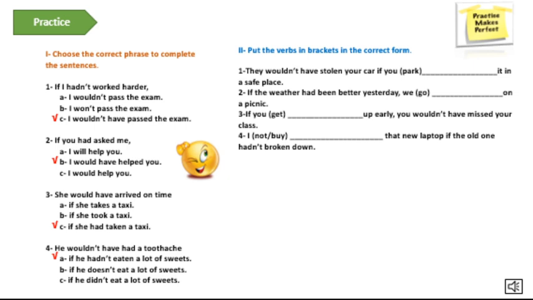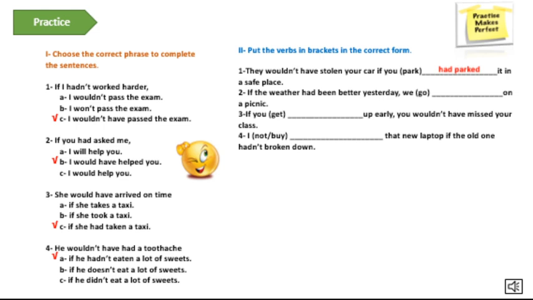So the verb here in the if clause must be in the past perfect simple. So what's the past perfect simple of park? It's had parked. They wouldn't have stolen your car if you had parked it in a safe place.